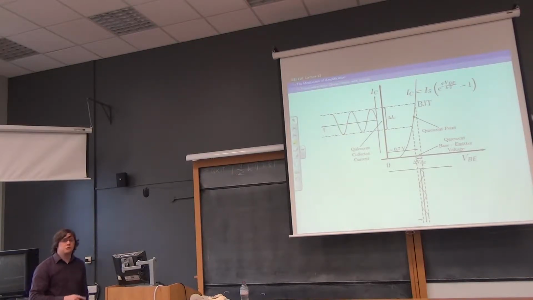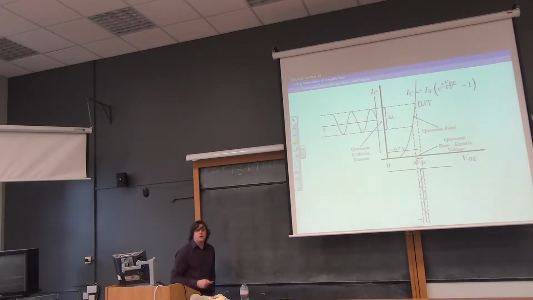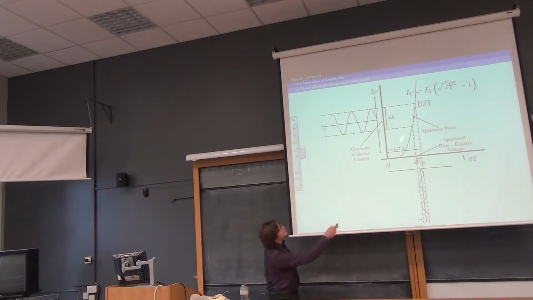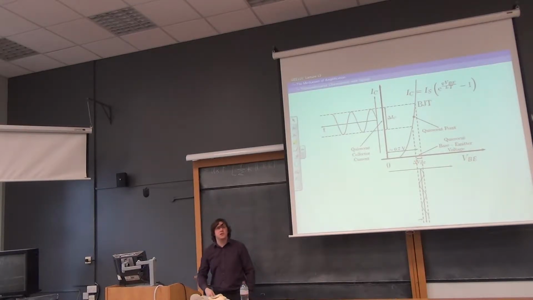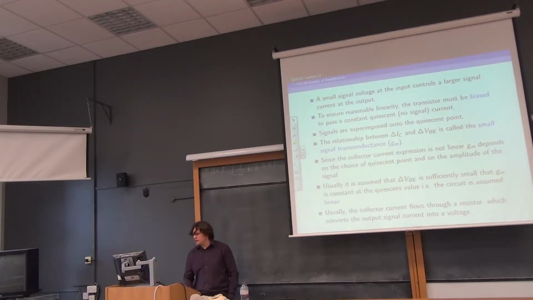And a straight line only has one gradient. And that gradient will be called the transconductance, and it will be small signal, because if I went too far, then the line would no longer be straight, and I wouldn't be able to say there's one value. I'd have to choose several values and switch between them at appropriate points, and that would be a large signal problem. So that's where the small signal comes from.